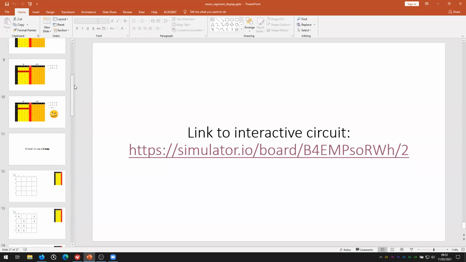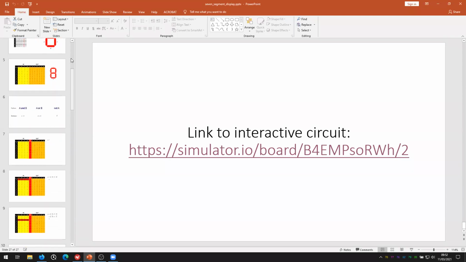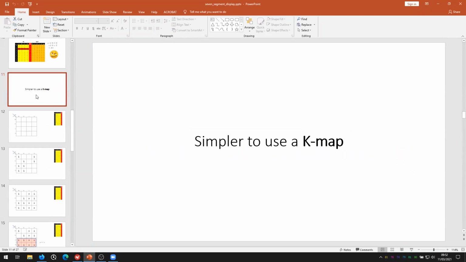Well, I'm not actually familiar with other, well, so I've used a KMap in this presentation. This K stands for, I think you pronounce it Karnaugh. It's a surname of the person who designed this method.